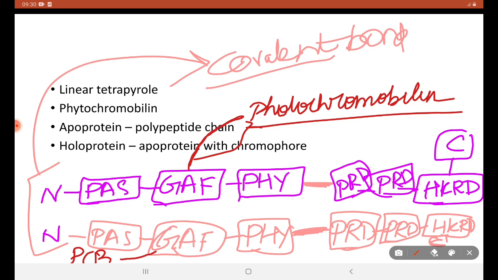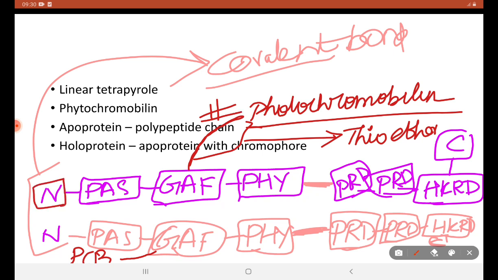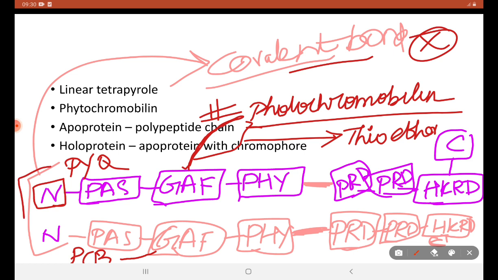This linkage is thioether linkage. This is a previous year question. The N-terminal side is attached with phytochromobilin. This is a previous year question. Covalent bond. This is important from the CSIR point of view. This occurs in dimer. This is a previous year question.